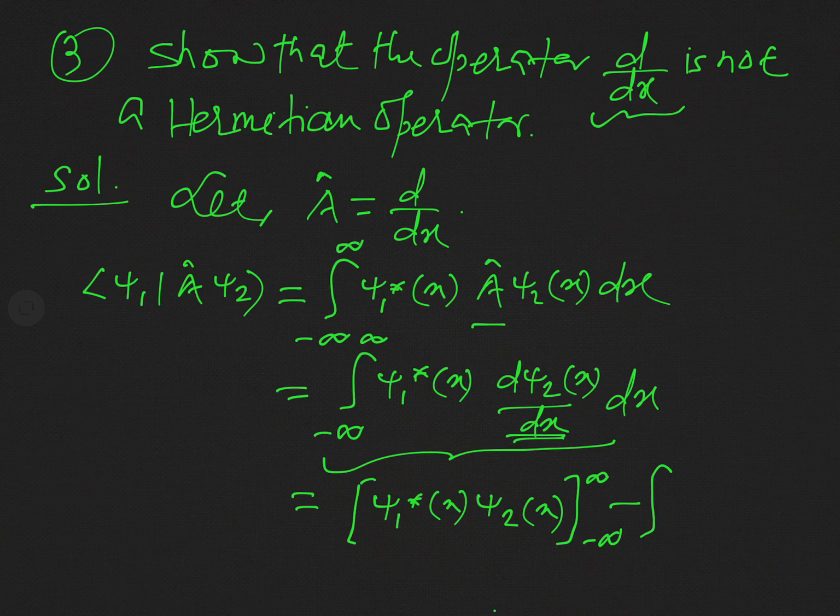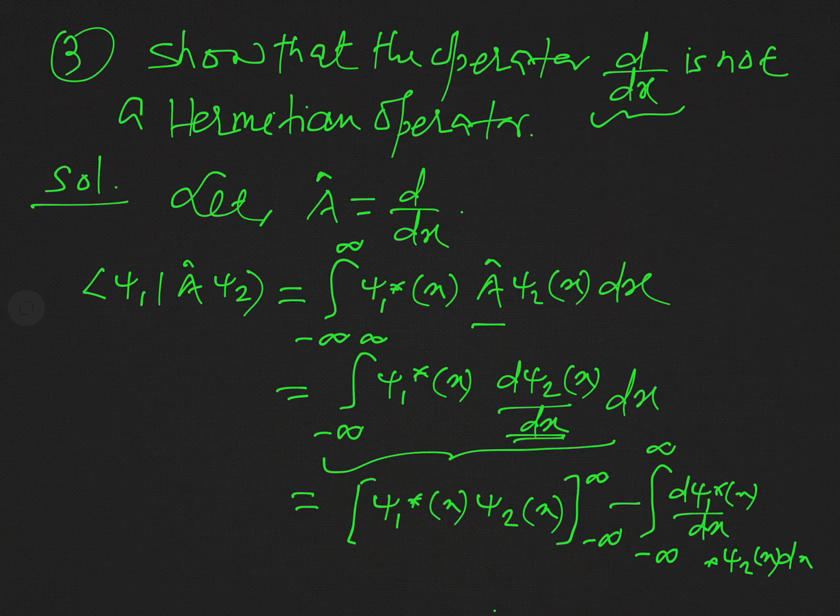Now minus integral of, now the formula says differential of first function. So what will be this? This will be d psi 1 star of x by dx times psi 2 of x dx.